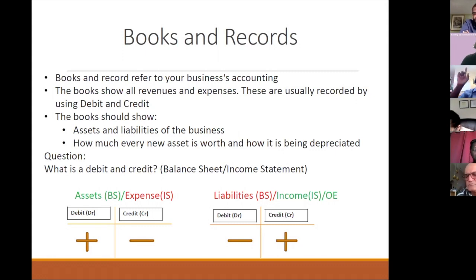But there's one more example that I want to make. What if there are multiple owners and one of them decides to loan the company money? They're not contributing into the company, but they are loaning the company money. It's still going to be a loan payable, because that is money you have to pay back.